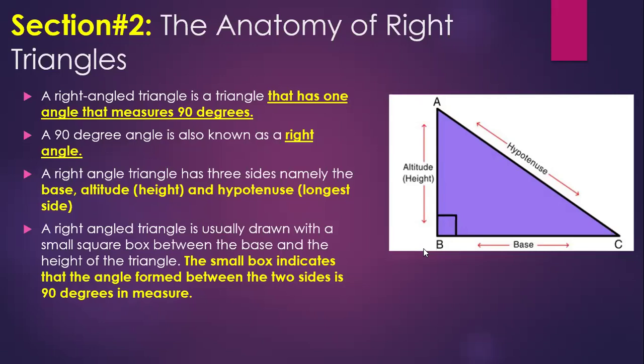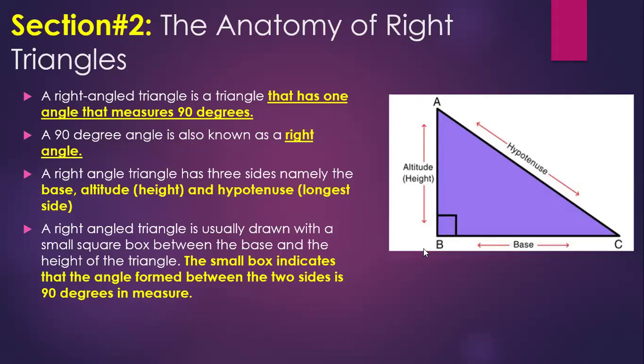Deshae Clark, where's Deshae Clark? Yeah, I'm right here. Deshae, are you writing this down? Yes, sir. You understand what we're doing so far? Yes, sir. Okay. So Deshae, what is the definition of a right angle triangle?